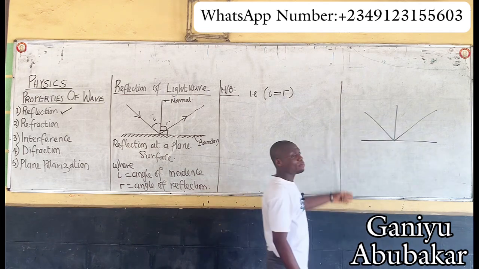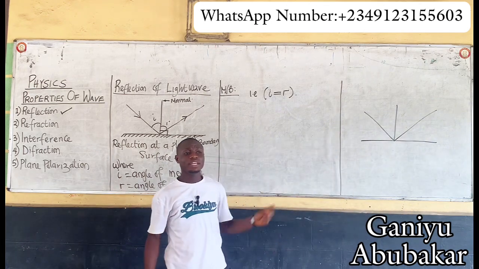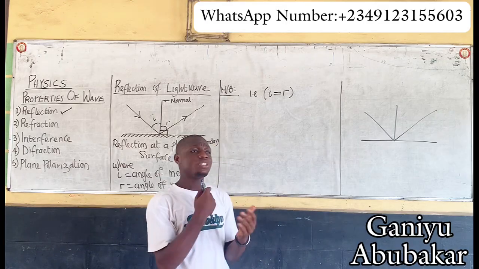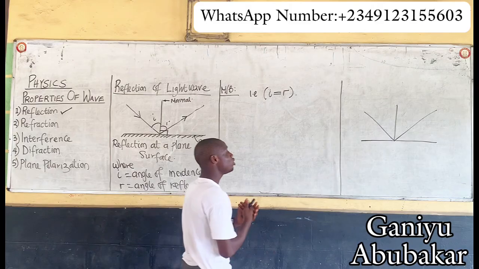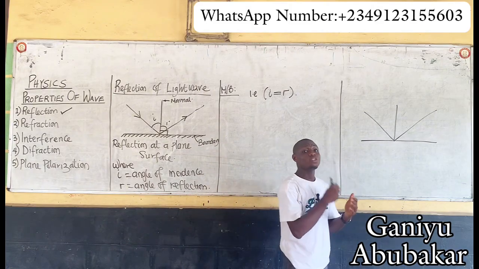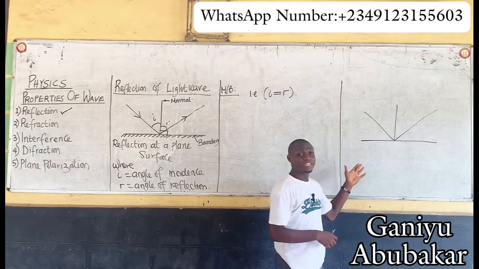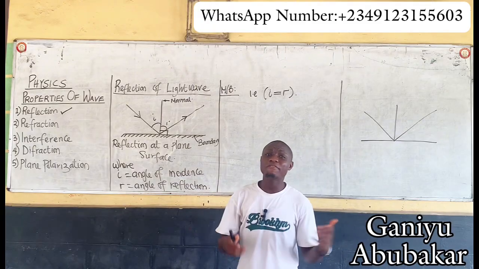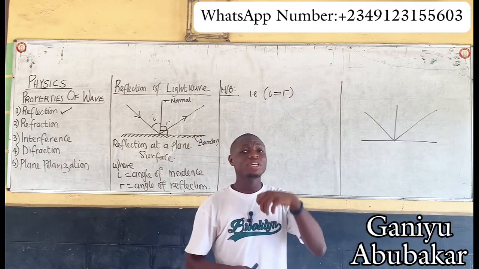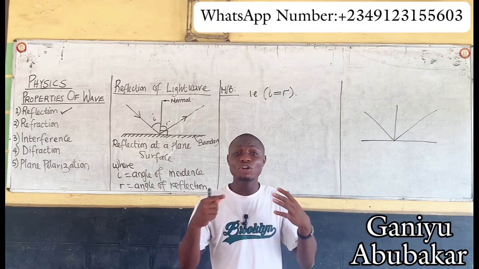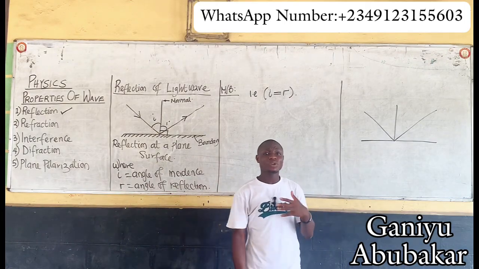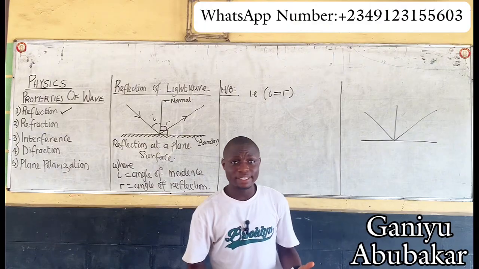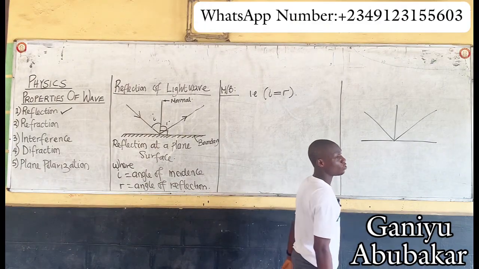Now, please, if I do this for you, which one here is the reflected ray? Which one here is the incident ray? Here's the concept, please. I don't know which one is incident and which is the reflected ray. Why? Because I don't have an arrow here indicating direction. The arrow tells you exactly where you are going. In case I don't have an arrow, I don't know the incident or the reflection.